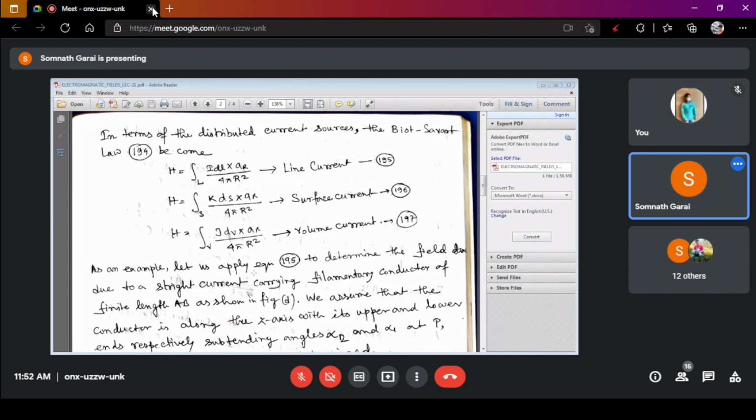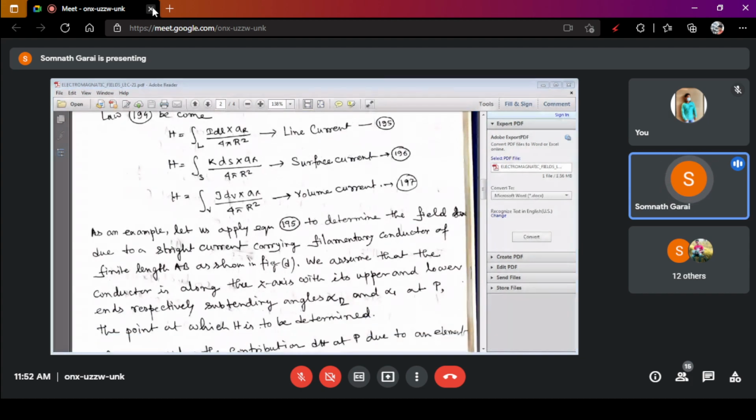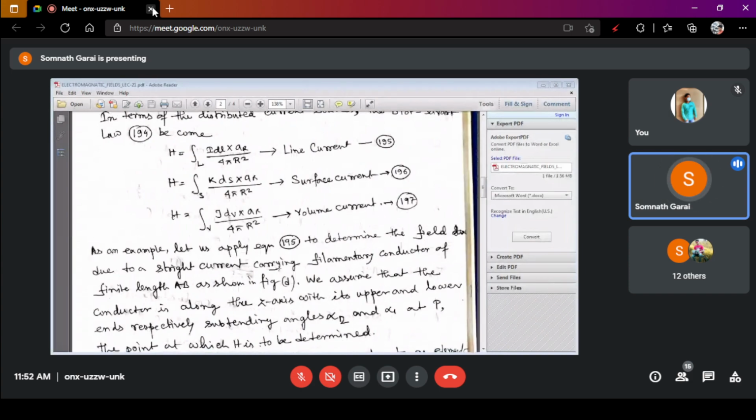Now we explain an example, an implementation of equation number 195.